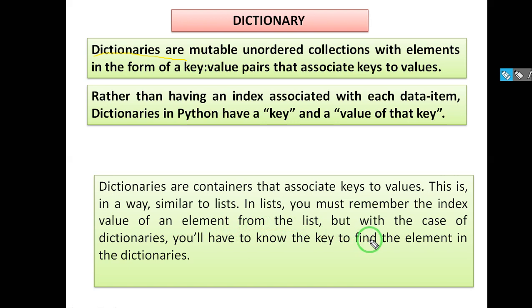So in case of a list, if you want to display a value, you have to know the index number of that particular value. Whereas in case of a dictionary, if you want to find a value, you have to know its key. So if you want to print a particular value, you have to type its key. So we will now see how to create a dictionary.